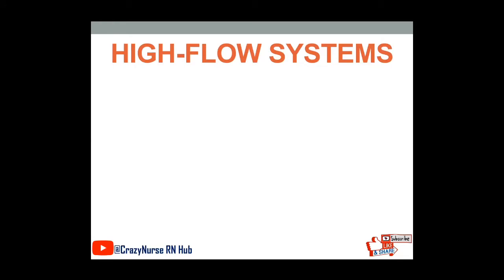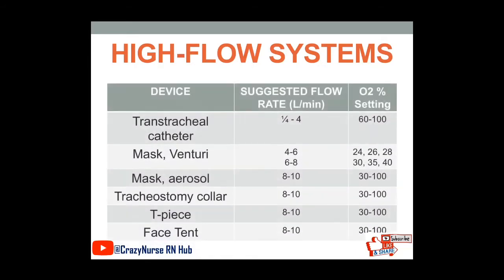That means these devices will give them total or complete aid in terms of their oxygen consumption. Examples are your transtracheal catheter. The suggested flow rate is 1/4 to 4 liters per minute, and the oxygen concentration that it could give to the patient is 60 to 100%.